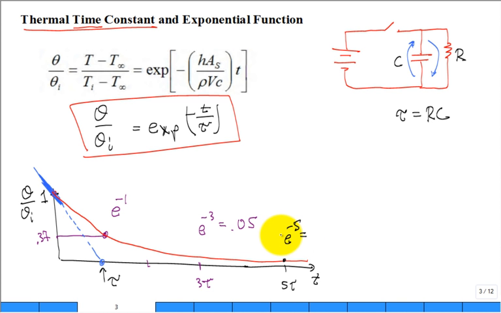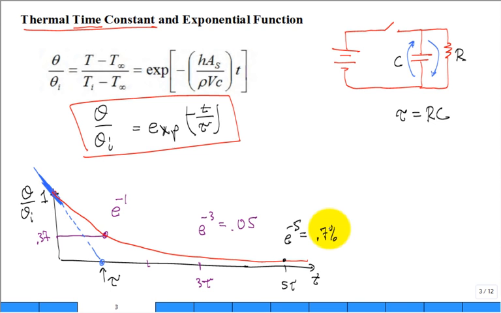About 0.7%. You very rarely find somebody that says, I need to wait more than 5 time constants for a system to get to 0. It's there. In a lot of engineering applications, 5%, you're there. Because there's noise and other uncertainties in the system.